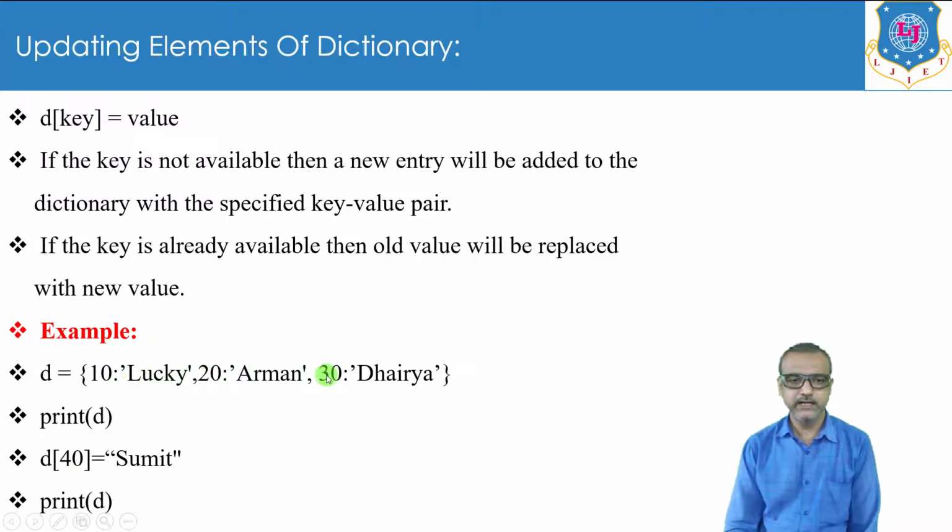Here you can see that the key number 40 is not available in dictionary D, so we will have another key-value pair, that is 40 colon Sumit, in the dictionary D. If we write print D, then along with these three entries we will have one more entry, that is 40 colon Sumit.